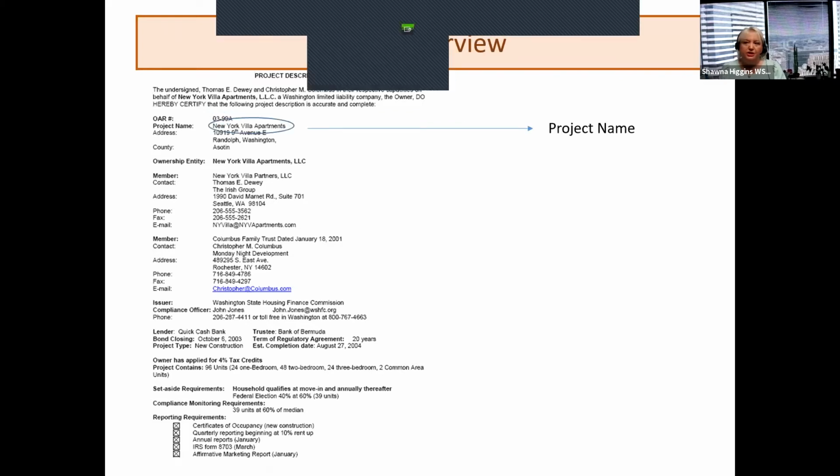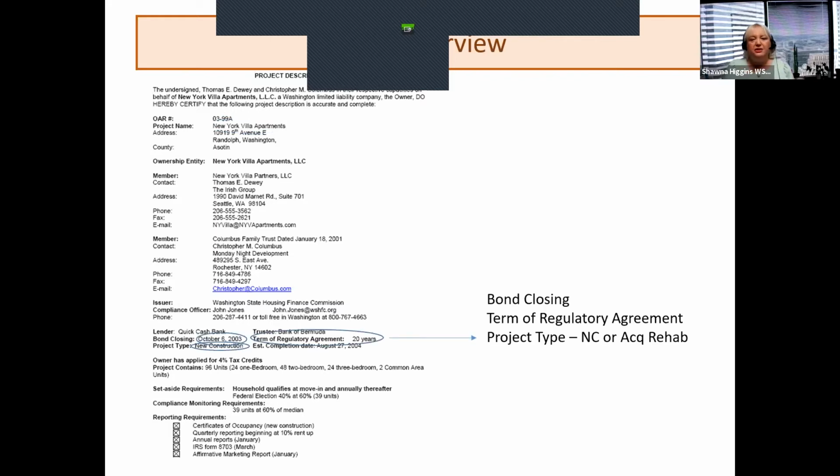You're going to find the project name just to make sure you're on the proper property. And then you're going to find the bond closing date, and then the term of the regulatory agreement. And then you're going to find out if this is new construction or rehab. All of those you're going to be able to use to find out when your regulatory agreement could possibly expire.